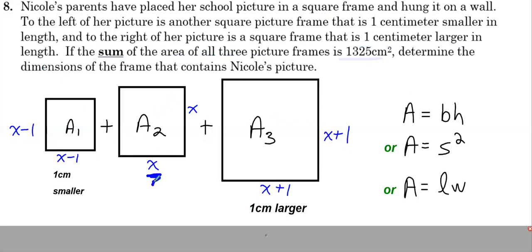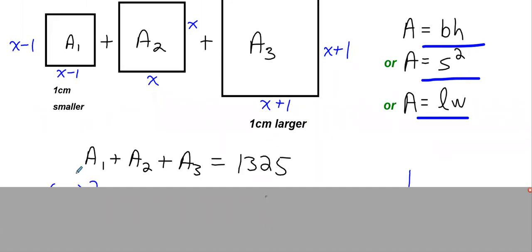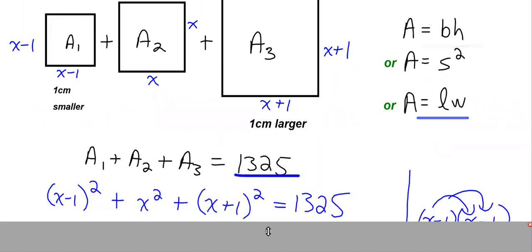It's a matter of setting up some algebra. All right, so you have different formulas you can use for finding the area of the square. It doesn't really matter which one you use because you're going to replace the information in there anyhow. So the three areas add together to give you 1325. So you put in the algebra that corresponds.